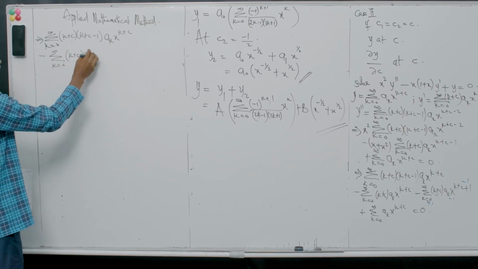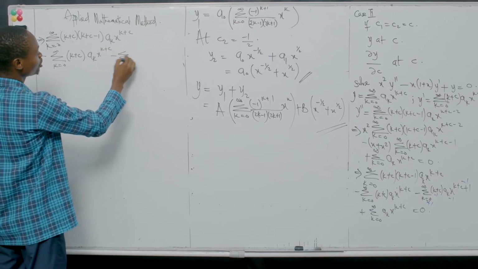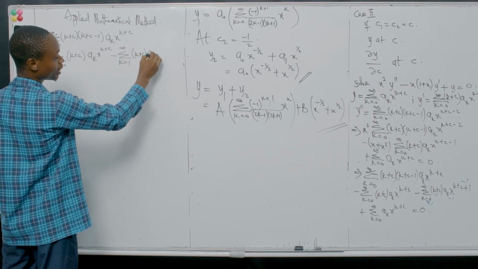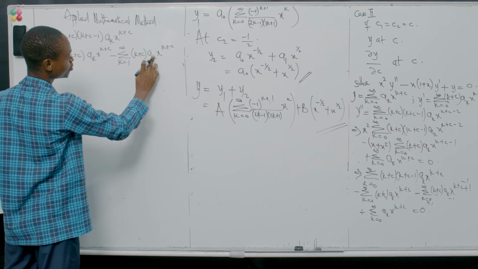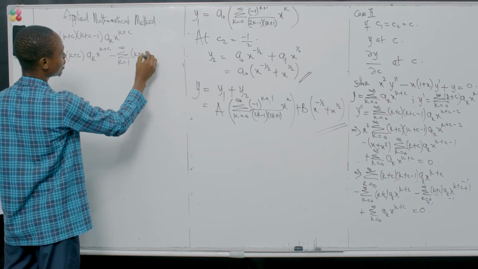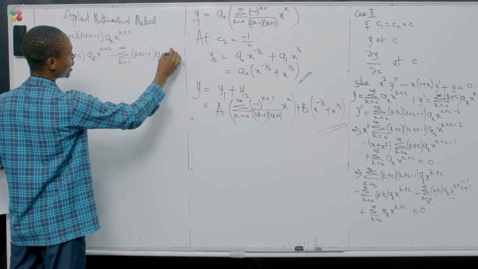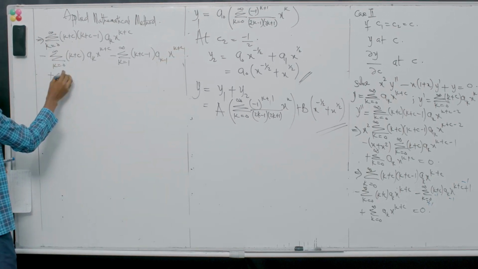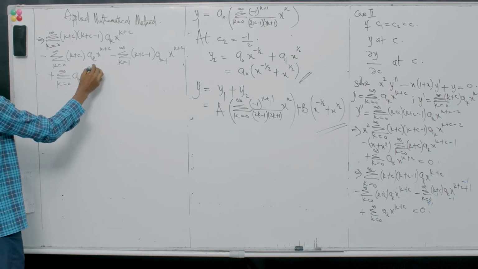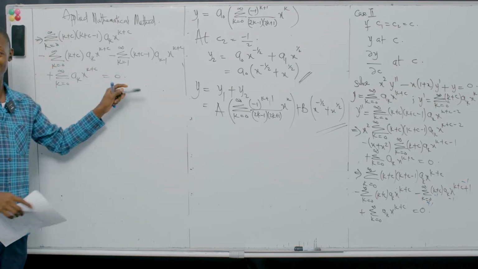But that one will now become minus summation k starting from 1 to infinity, (k plus c minus 1) a_(k minus 1) x^(k plus c), plus summation k starting from 0 to infinity, ak x^(k plus c), and this will be equal to 0. So this is how we have shifted it.